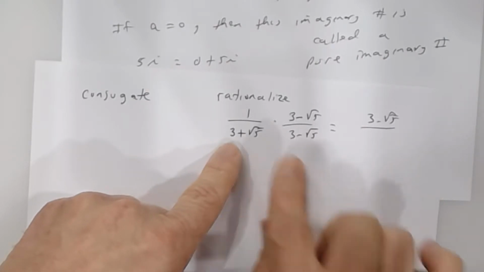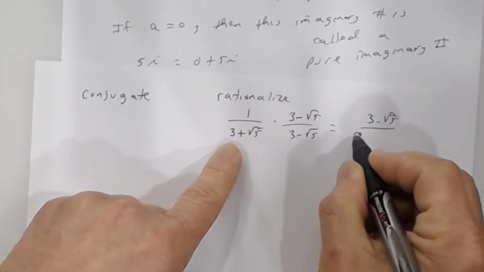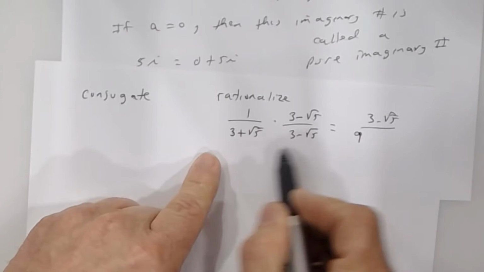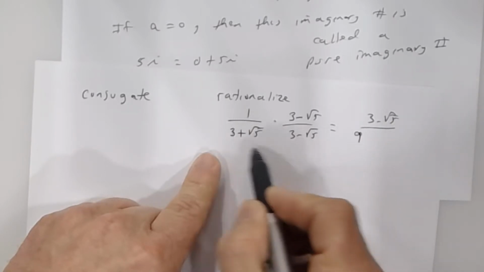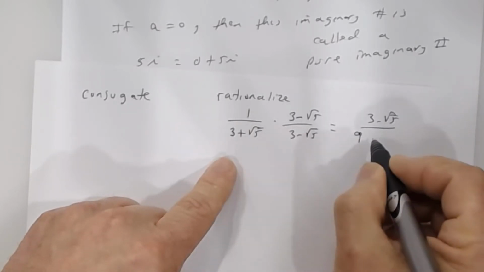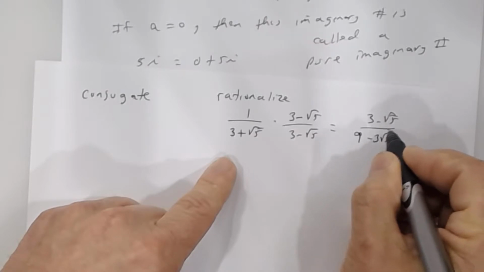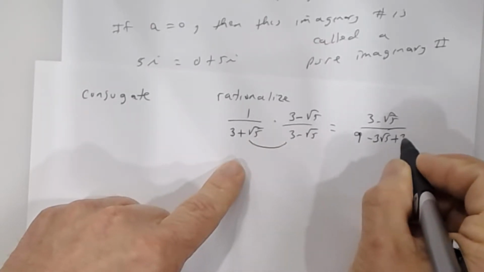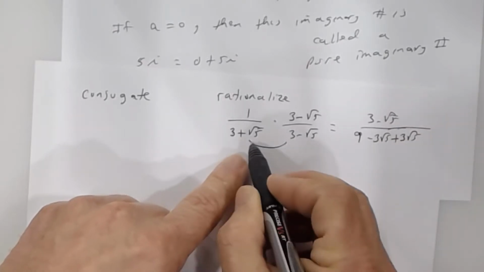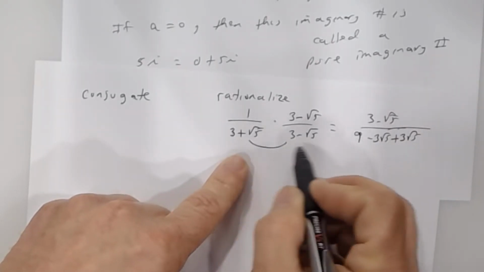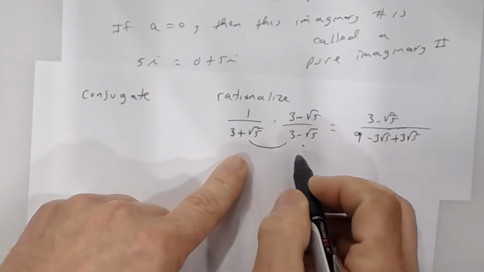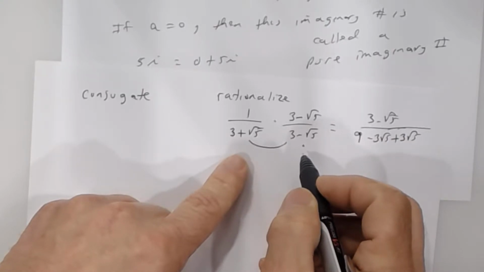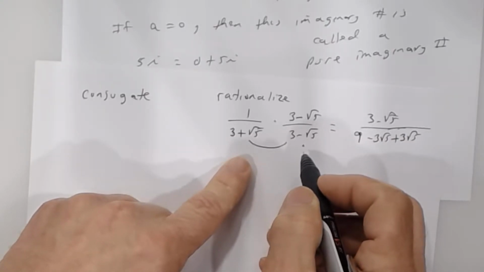What's 3 times 3? 9. What's the outer? Minus 3 square root of 5. What's the inner? Plus 3 square root of 5. And what's the last? The square root of 5 times a negative square root of 5? Negative square root of 25, which is just negative what?